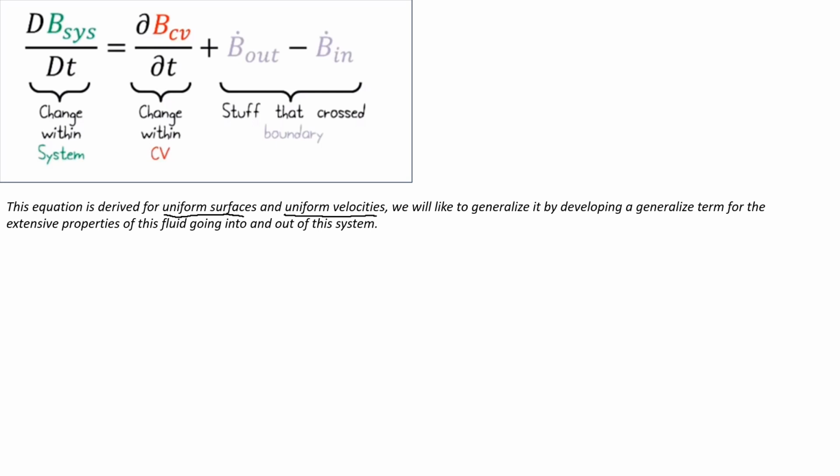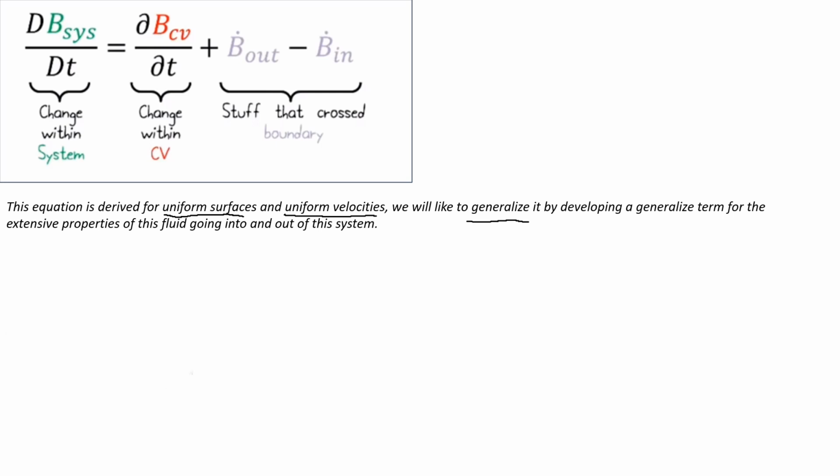We would like to generalize it for more complex fluid flow phenomena, for example if we want to check the aerodynamics of a car, or of an aerofoil, or see the extensive properties inside a boiler. So we need a more generalized term that we can apply to every scenario, to see how the Reynolds transport theorem acts in that scenario.